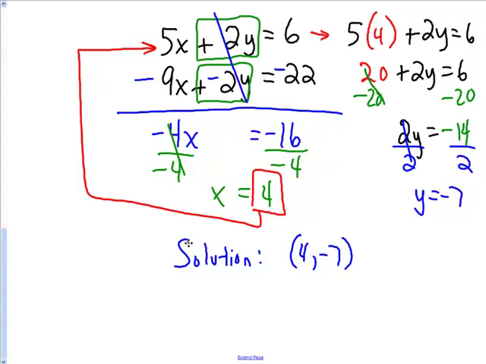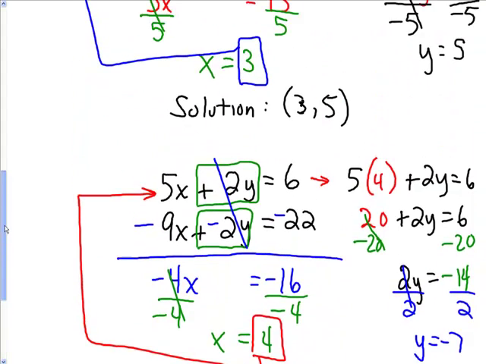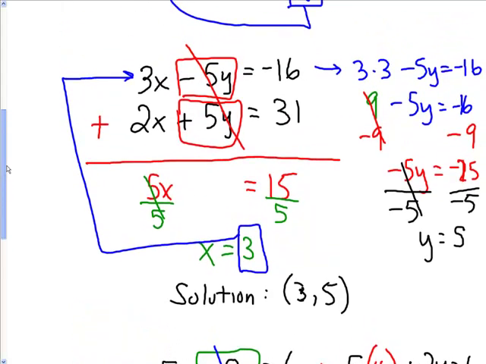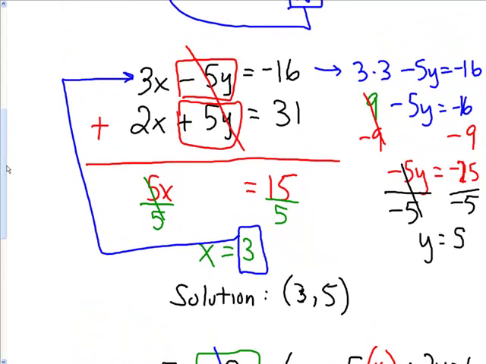Biggest thing to remember here when we're doing elimination by addition or subtraction is to look at your variables. In the first example, and I'll scroll that back up for you, we see we have negative 5y and positive 5y. So if we have what are called additive inverses, in other words, two terms that are the same, but one is positive and one is negative, we are going to add.